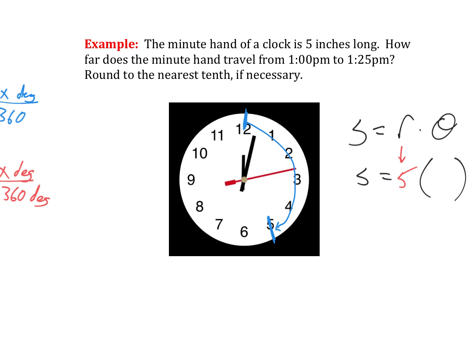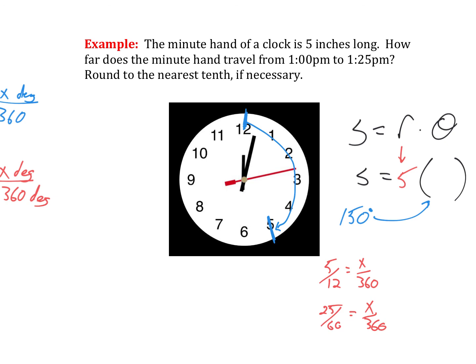So I could do what we were just talking about. I could say 5 out of 12 is x over 360, or we could talk about minutes. I could say 25 over 60 is equal to x out of 360. But me personally, I like to think of each number as 30 degrees. So that's 30, 60, 90, 120, 150 degrees. So I've traveled 150 degrees. But we need that in radians.